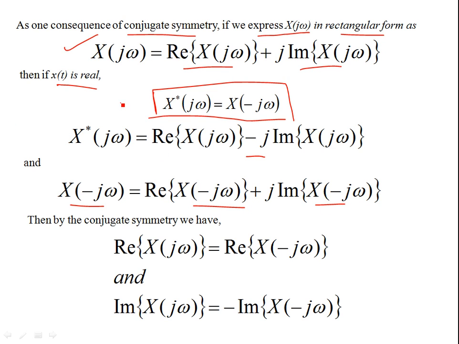Now you see that from the conjugate property, the left hand sides of the two equations are equal. For the left hand sides to be equal, the right hand sides of these two equations should be equal. Which implies what? That the real part is symmetric: the real part is an even function of omega, while the imaginary part is an odd function of omega.